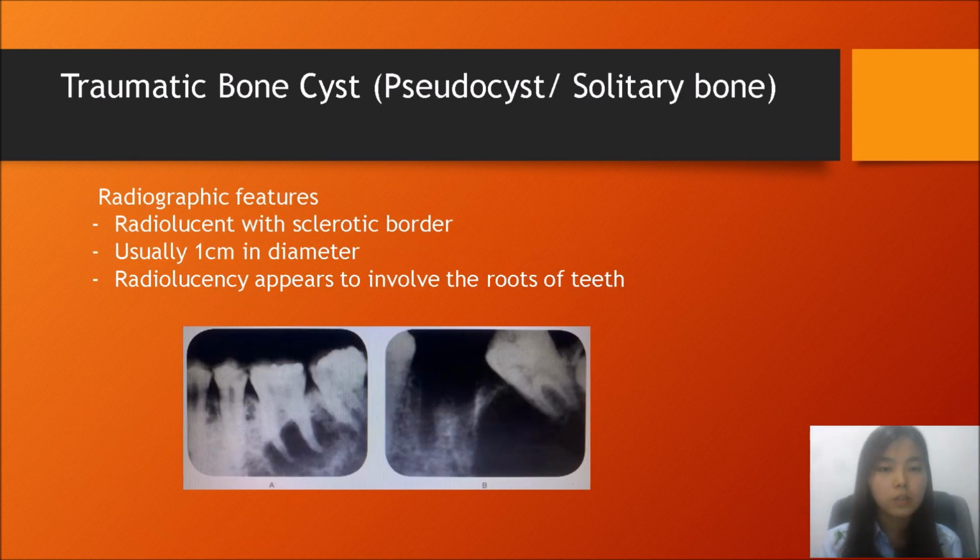For traumatic bone cyst, this most commonly happens in the posterior region of the mandible. There might be swelling but seldom with pain. In the radiographic features, it appears radiolucent with a sclerotic border, and it is usually 1 cm in diameter. And the radiolucency appears to involve the roots of the teeth. You can see the features in the diagram below.